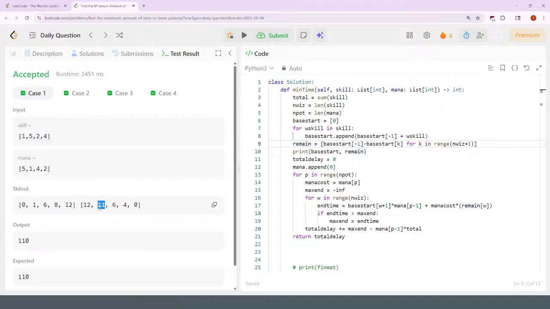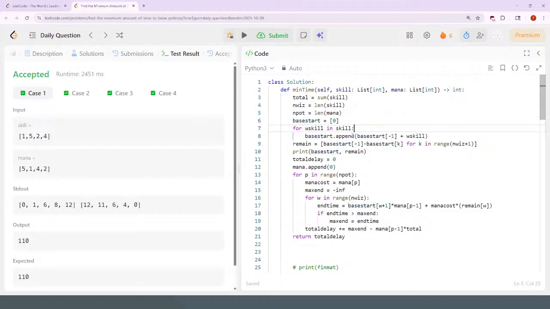And then similarly, when the second person gets the potion, it'll take 11 minutes to finish, 5 plus 2 plus 4. Third person is 6, and fourth person is 4, and if there was a fifth person, then it'd be 0.